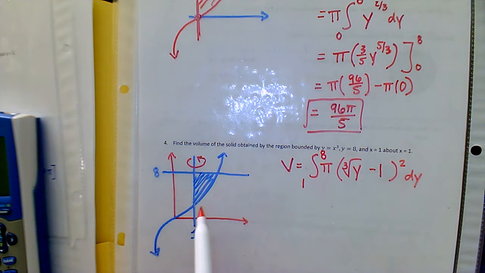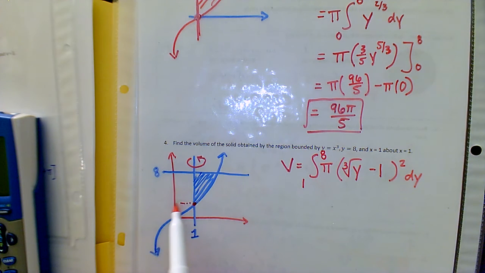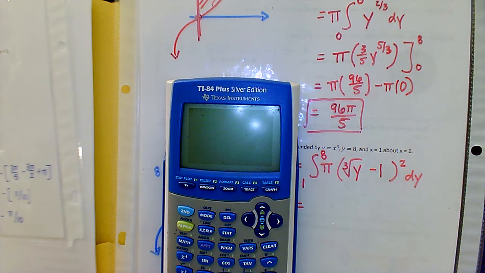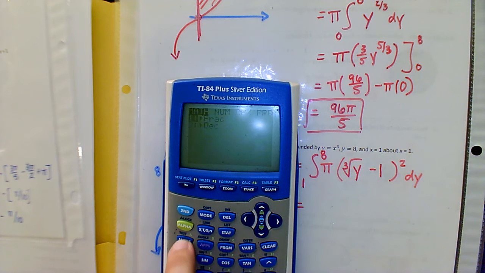Good. Right? So we're starting at 1, and we're going to 8. Do you remember how to type this in our calculator? What buttons we press? We refresh our memory just in case we don't. Math, yep.